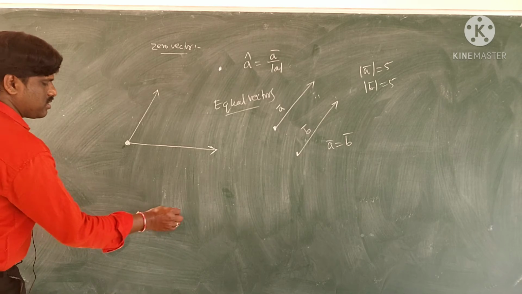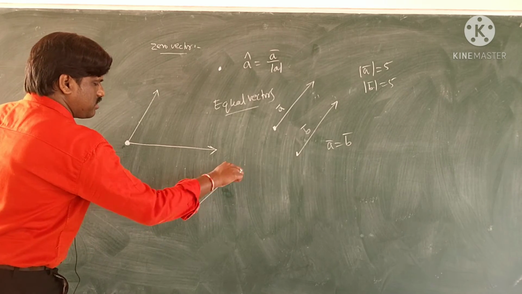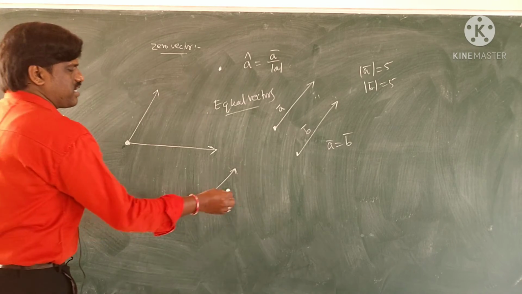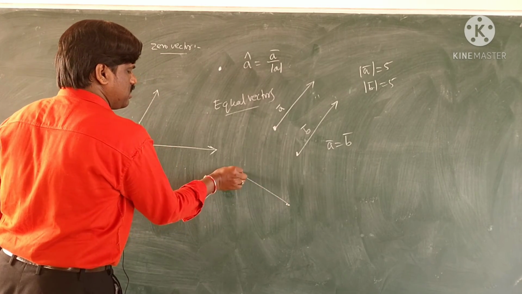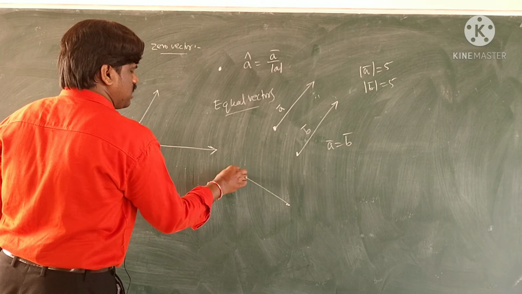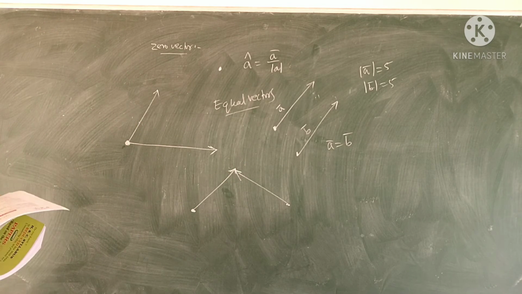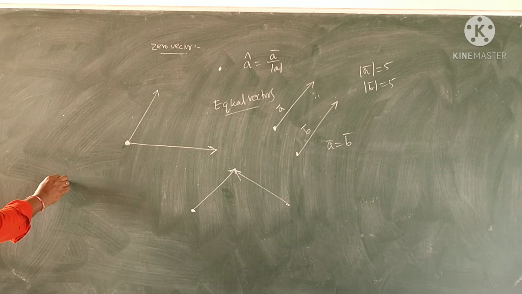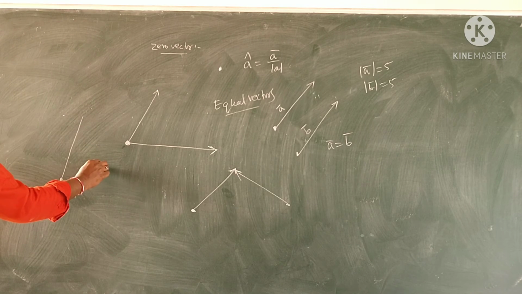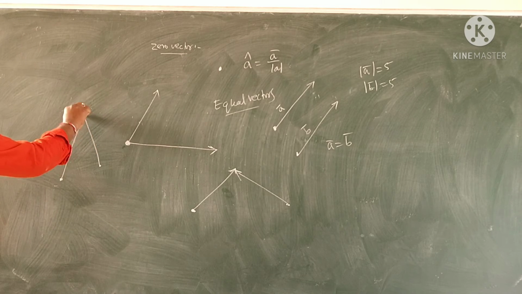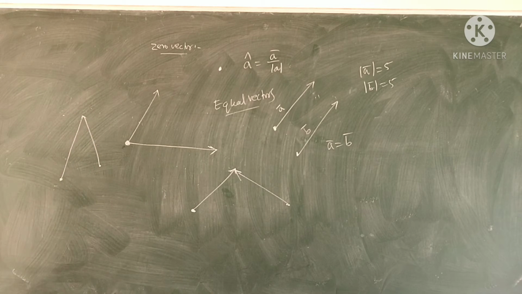Co-terminal means what? This vector is going like this, another vector is going like this, so their terminal points are the same.